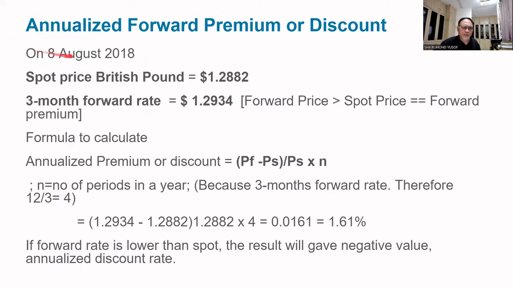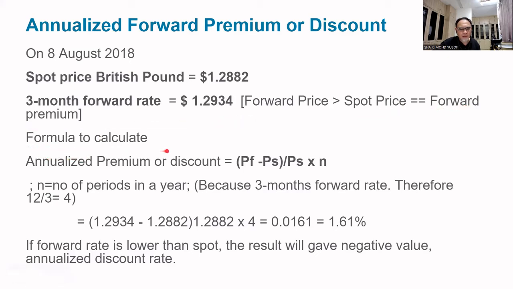On 8 August 2018, the spot price for the British pound is $1.2882, and the 3-month forward rate is 1.2934. The forward price is greater than the spot price, so the currency is at a forward premium.